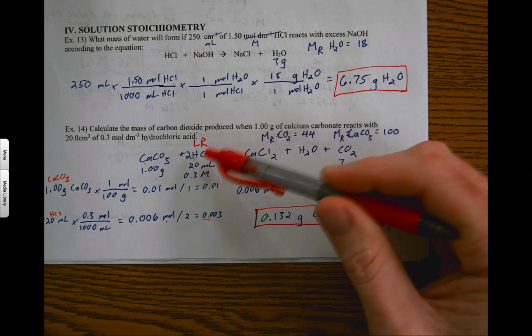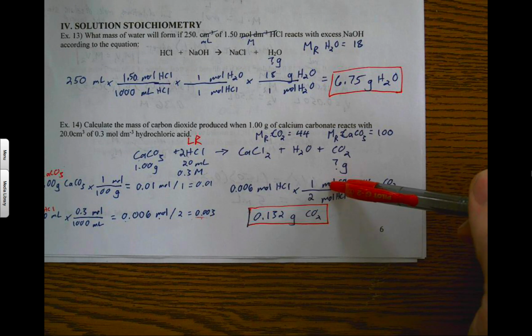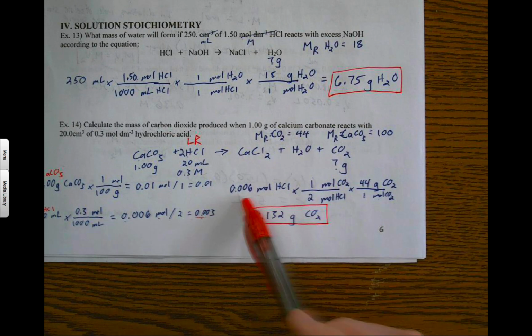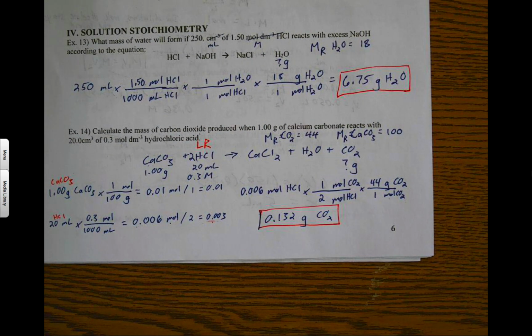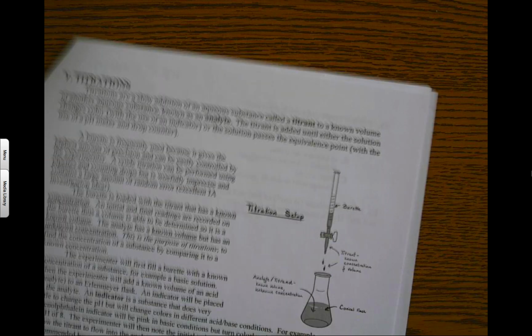And then find the limiting reactant, and then do the last step. Okay? Students who just plunge into this last step are going to usually trip up and lose points. So there's a proper way to do it, and that is it. That's going to be it for solution stoichiometry. We're going to do more when we do titrations, because that's essentially what titrations are.